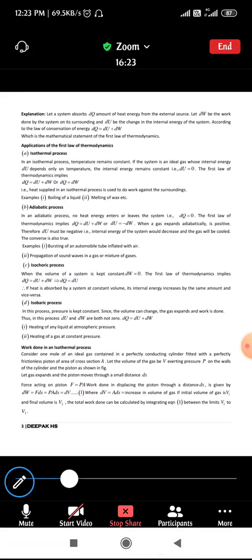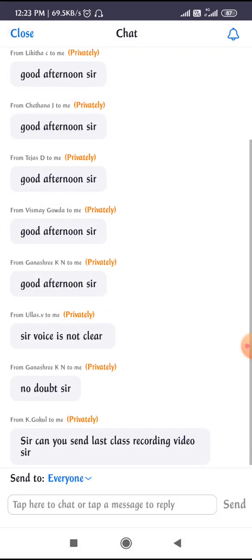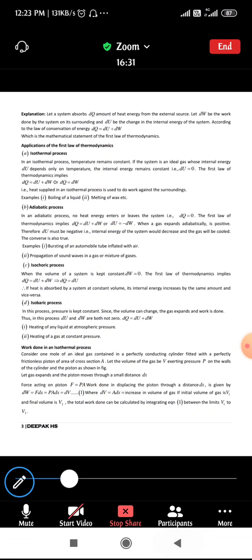Okay, fine. Any doubts? Apart from Ganesh Ray, I didn't get a reply from anyone. Any doubts regarding these four processes?